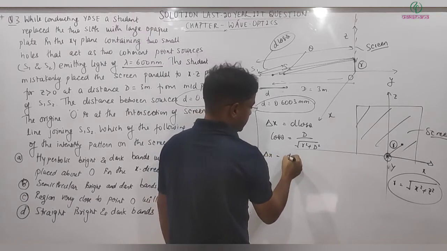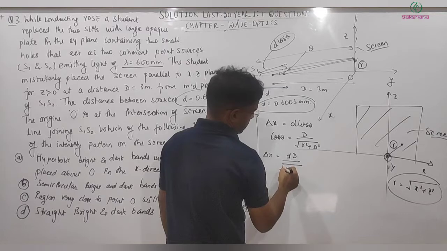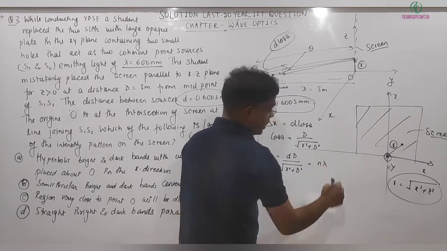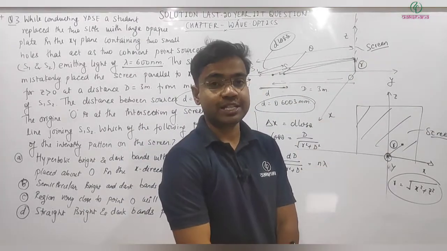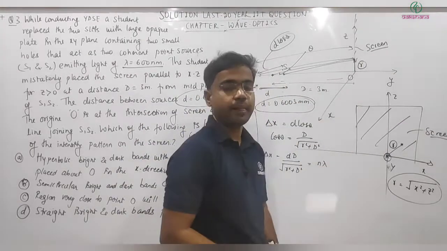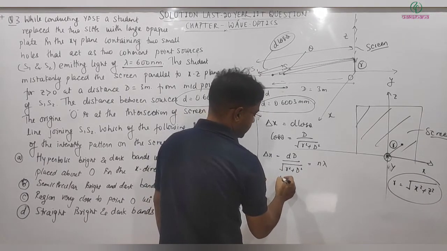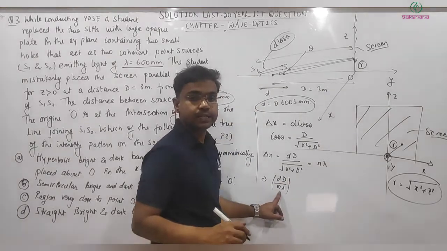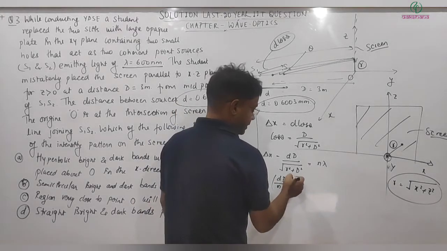written as small d capital D divided by under root r square plus capital D square, and to have maxima at point r, this should be equal to n lambda. Let me rearrange it a bit. So small d capital D equals n lambda times that root. If I fix this n, this will be constant, and let me square it.